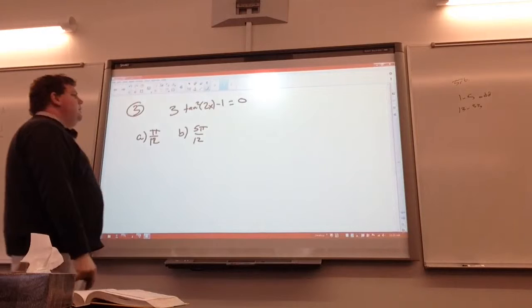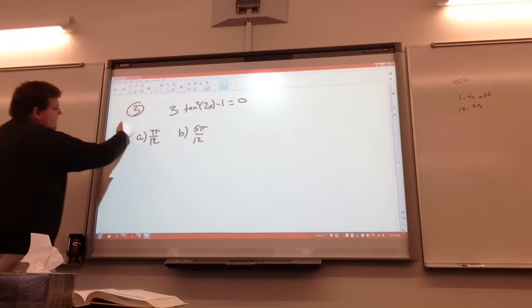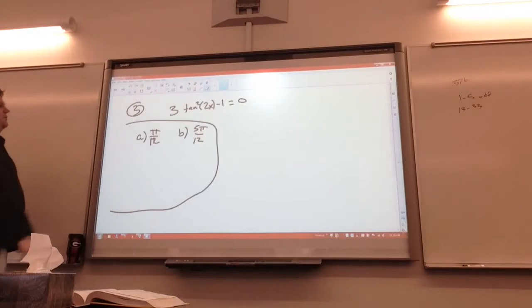Before we just plug and chug these numbers, how do you think I would handle something like 3 tangent squared of 2x minus 1 equals 0? How would I start going about it?